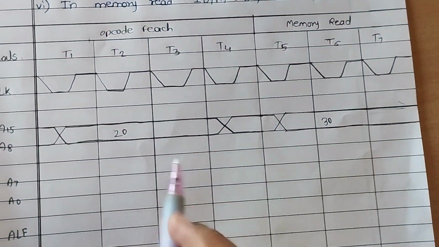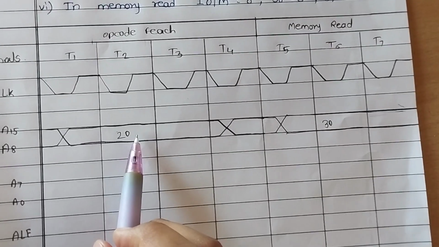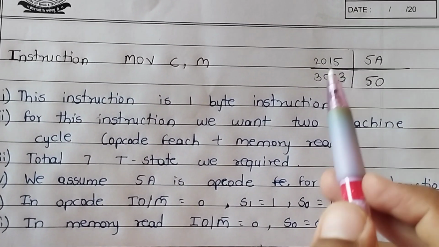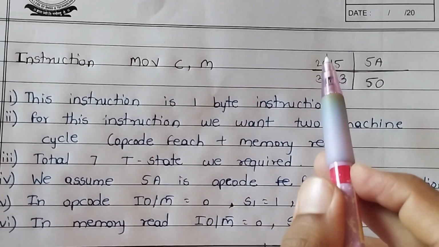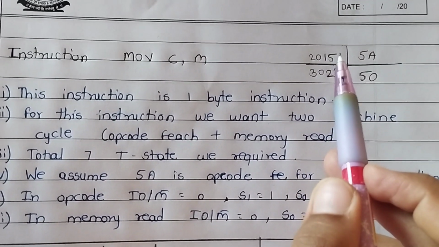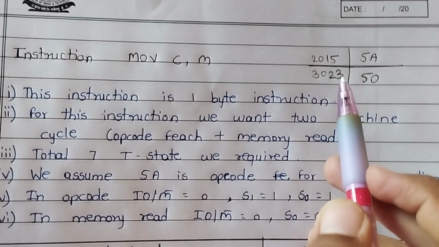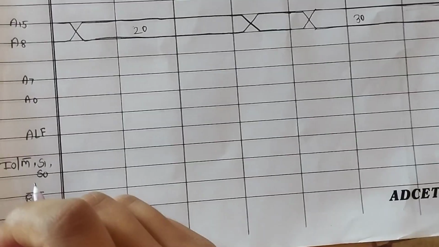They are the most significant byte of the address. As we assume here 20, 15, 13, 23: 20 is our high-order data and 15 is our low-order data. In the same way 30 is our high-order data and 23 is our low-order data.